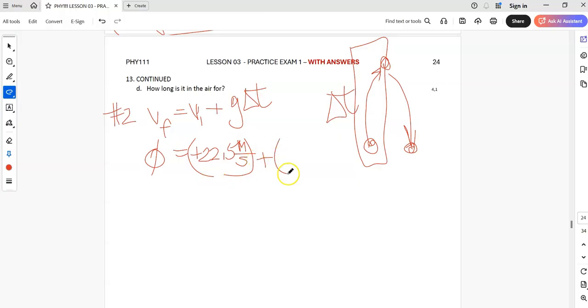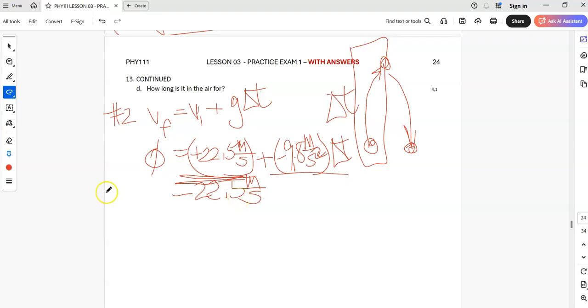And then we're adding that to a second term, minus 9.8 meters per second squared is our g. And that's times delta t, our unknown. We move the term that is farther away from the delta t term. That is this term here. We subtract it out, minus 22.5 meters per second. But you have to do that on both sides, 22.5 meters per second.